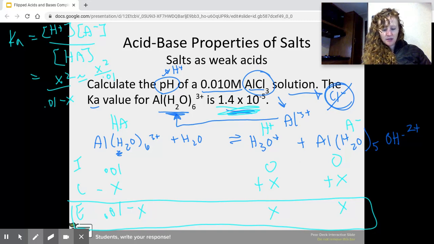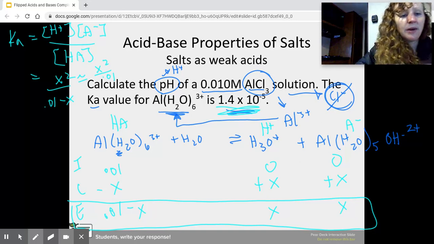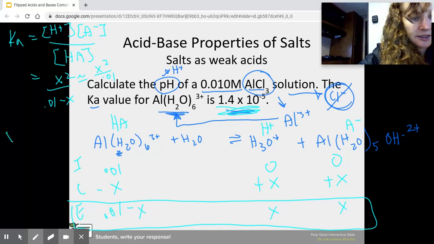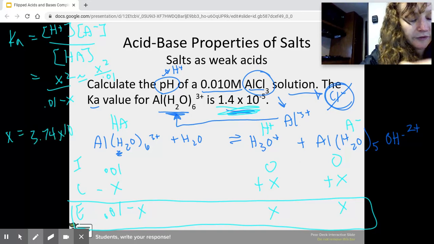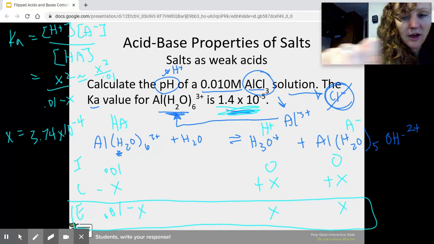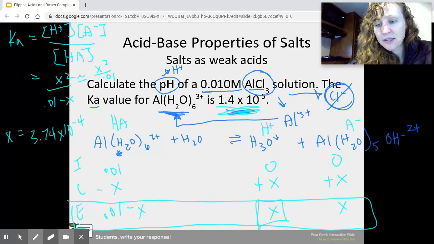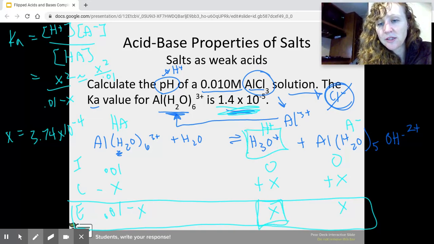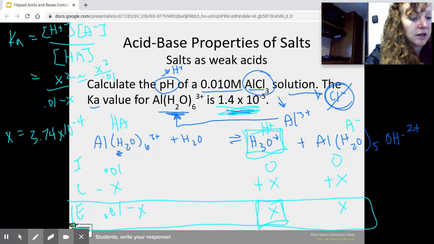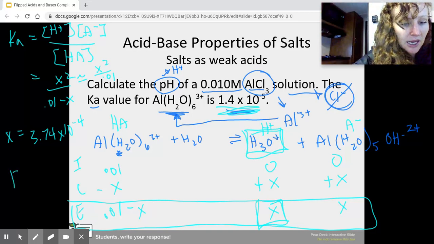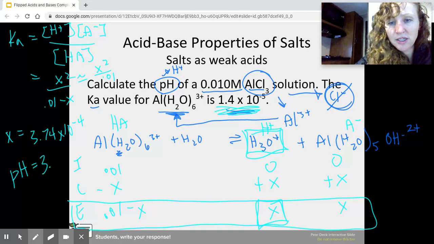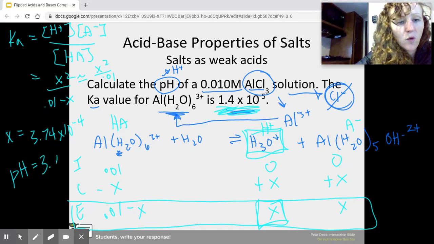Ka times 0.01 square root. My x is 3.74 times 10 to the negative 4th. And this x is my hydronium concentration. So when I negative log it, I get a pH, which is equal to 3 point, how many sig figs? 4.